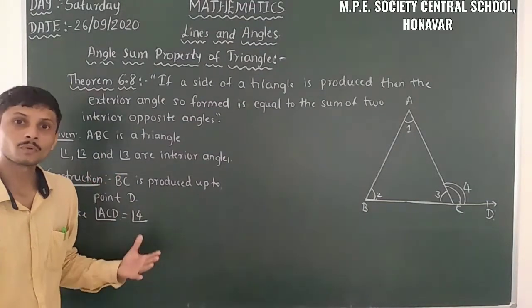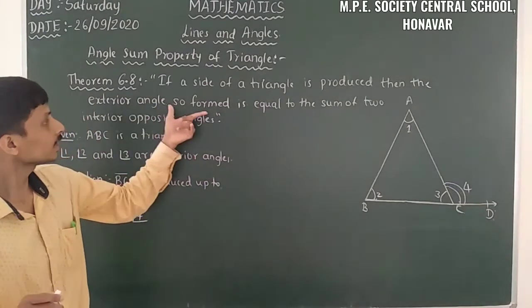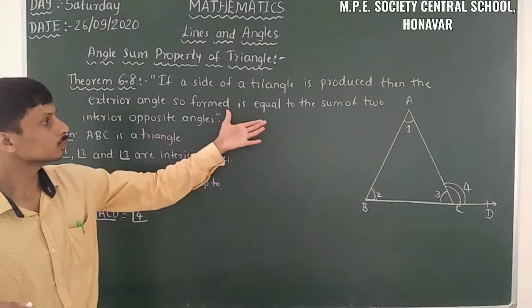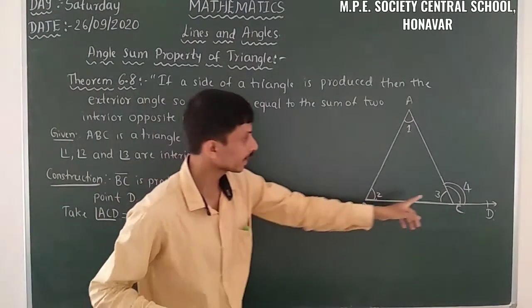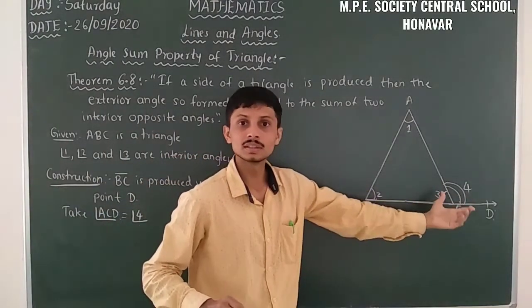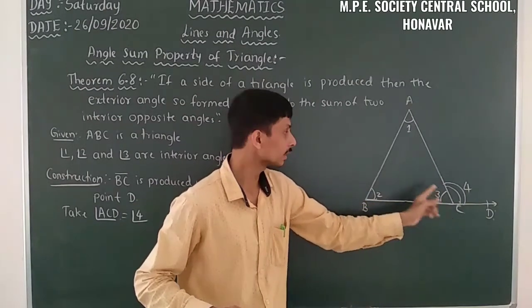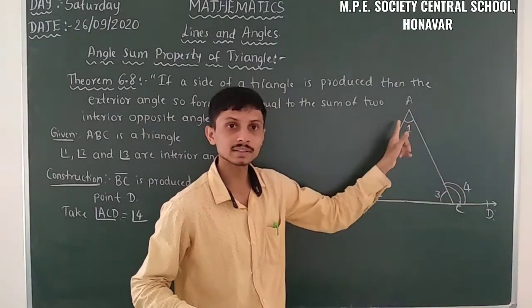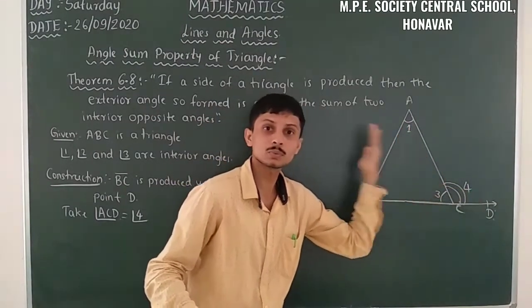So after that what we have to prove here? So here the exterior angle so formed is equal to the sum of two interior opposite angles. That is, here the exterior angle formed is angle 4. So here it is the sum of interior opposite angles. That means the angles opposite to this vertex.